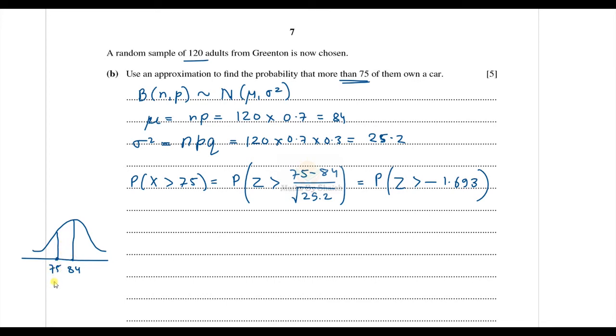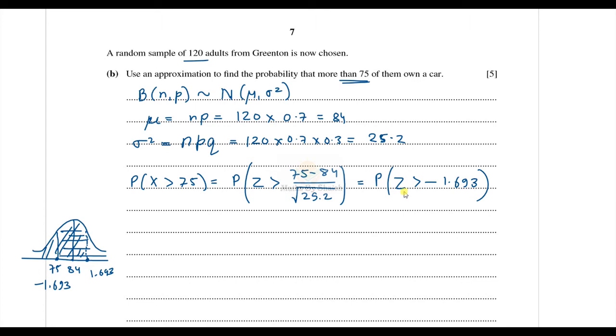In standardized form, z is 0 and here it is minus 1.693, and if you want to find this area, we can find it with phi of z.